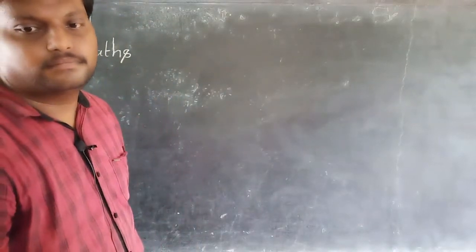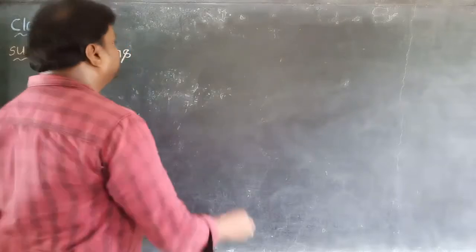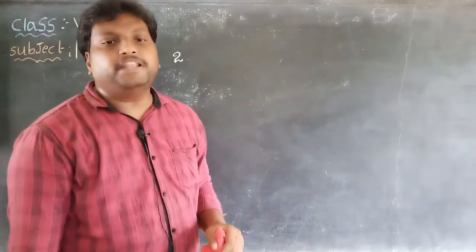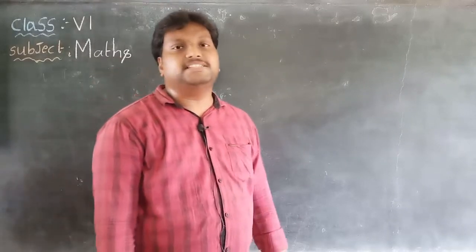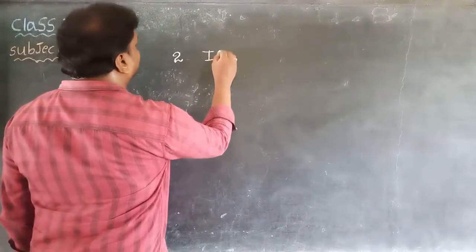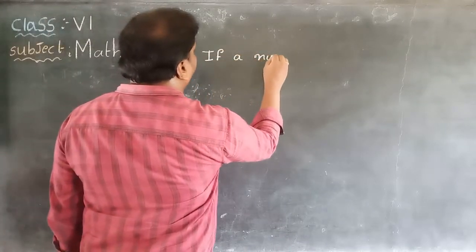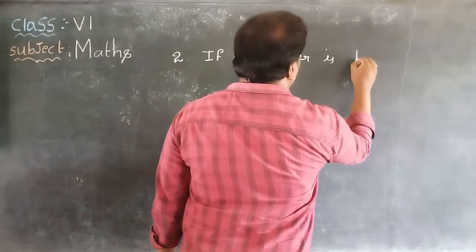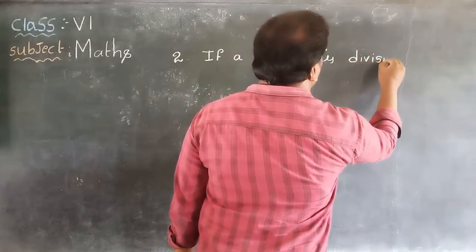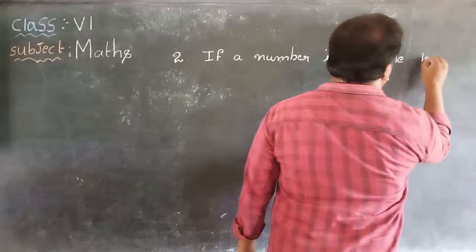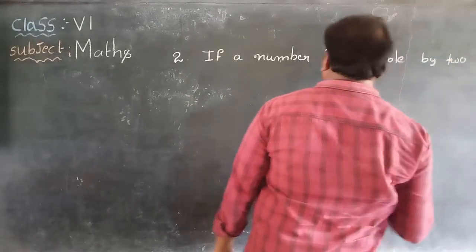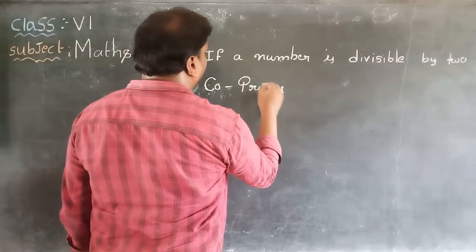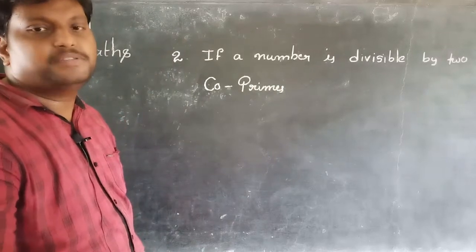Next, we'll write number 2. What is rule 2? If a number is divisible by two co-primes, what is the meaning of co-primes?